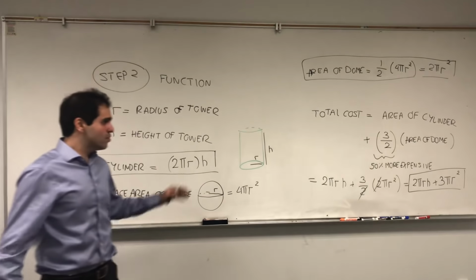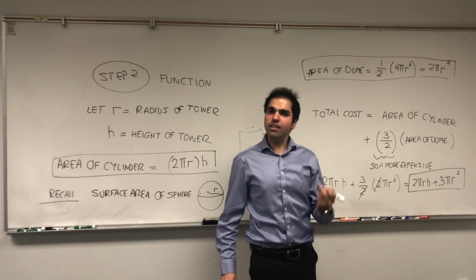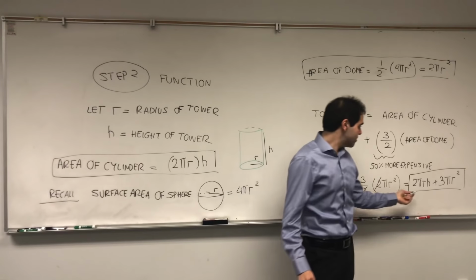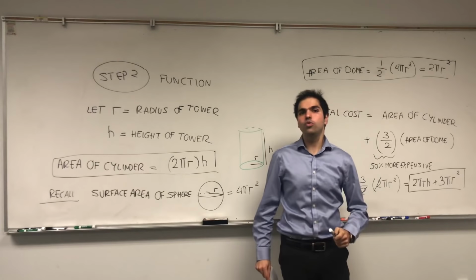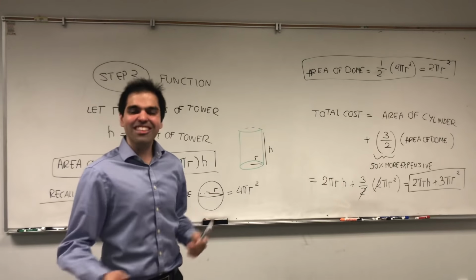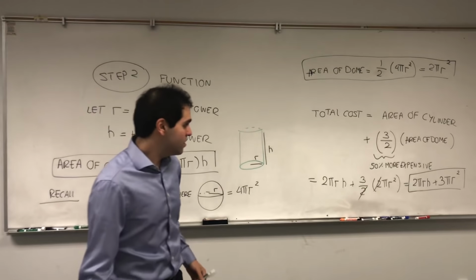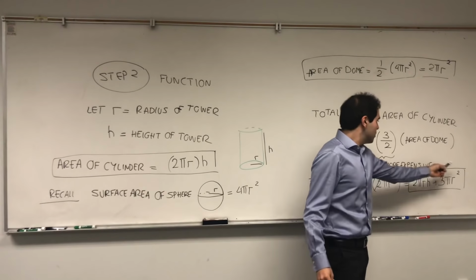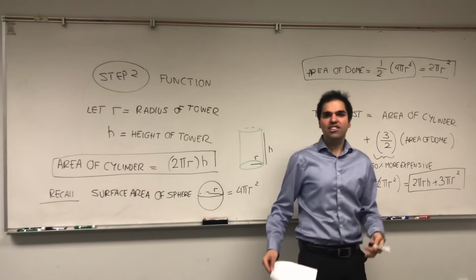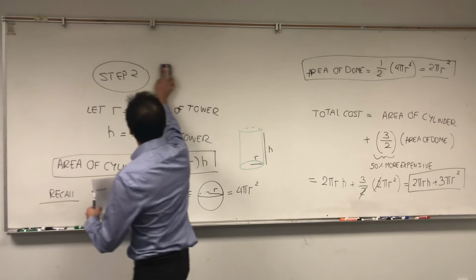Okay, very good. So far we've figured out the stuff we want to minimize, but the only problem is this depends on two variables, r and h, and this is not multivariable calculus, this is single variable calculus. So let's try to go from there and transform it into a one-dimensional problem with just one variable.